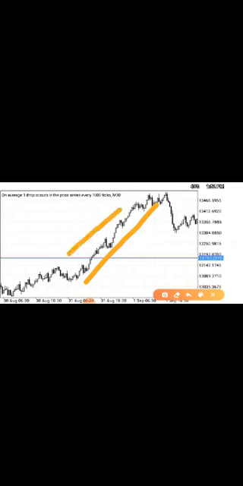Now in this market here, we are in an uptrend. Look at it, the market is going upwards. We are in an uptrend here. So in this market phase, we are in an uptrend right now. Look at it, the market is facing upwards. So that is what I mean by one of the phases in the market: an uptrend, and then the downtrend when the market is looking downward.